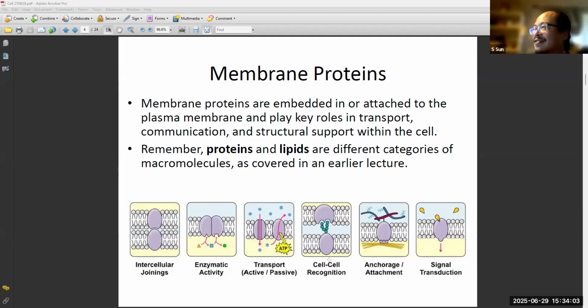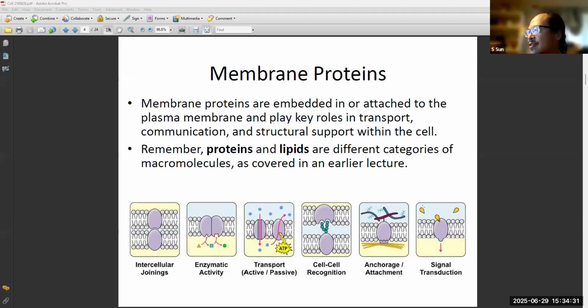You have the recognition protein, so cells will recognize each other because they have this marker. Phospholipids are all the same, but the proteins can be different. The anchoring protein allows stuff to anchor on it, like the hanger on your wall, so things can hang on it.